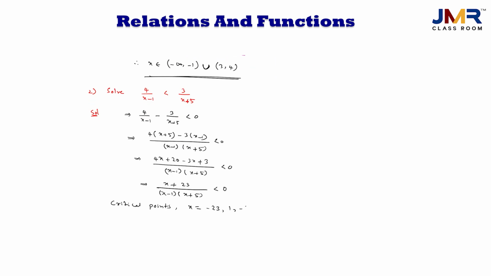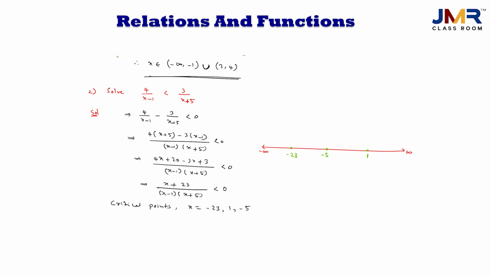X plus 5 equals 0, x equals minus 5. Then again draw the number line from minus infinity to infinity. Arrange the x values. Least one is minus 23, then minus 5, then plus 1.